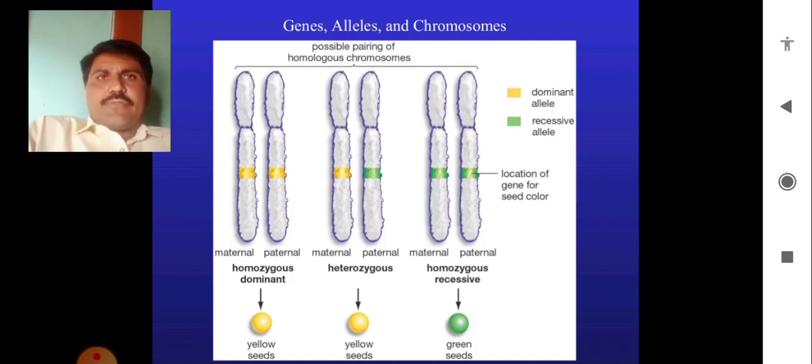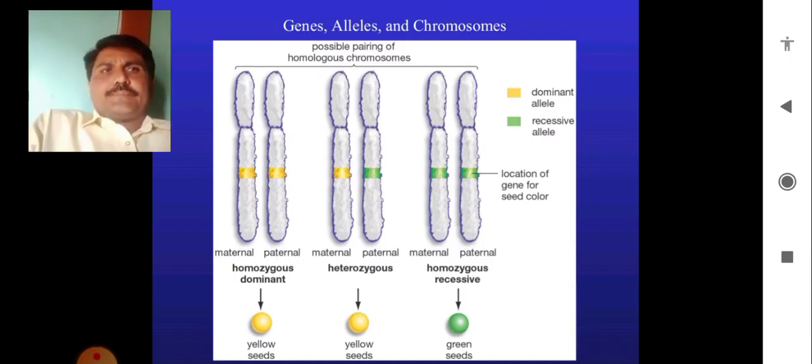You are aware of the structure of the chromosomes, short arm and long arm, both connected at the centromere. Look at the colored boxes. One is yellow and the other is green, where the yellow one represents the dominant allele and the green one represents the recessive allele.